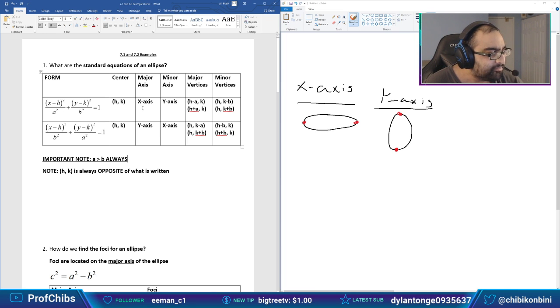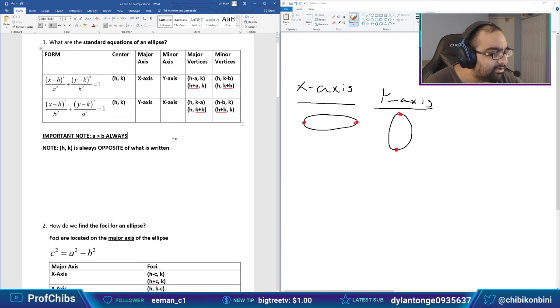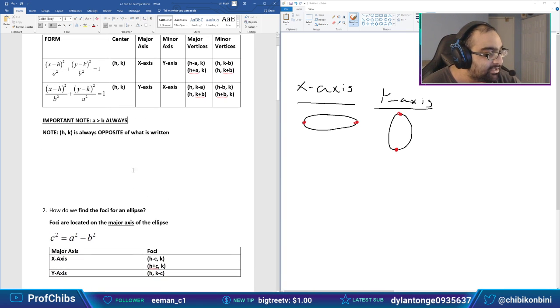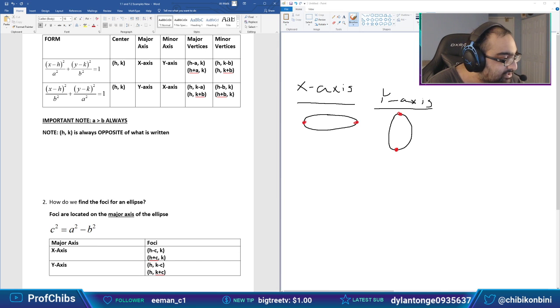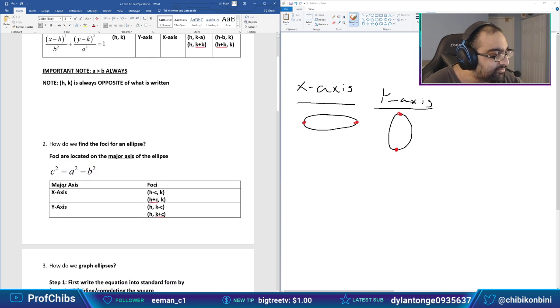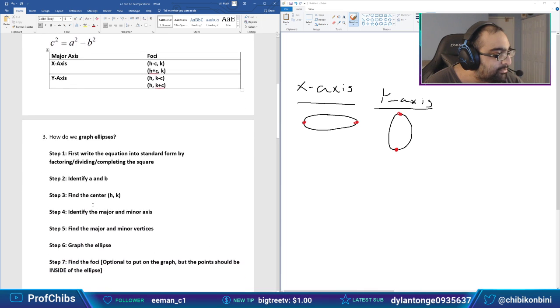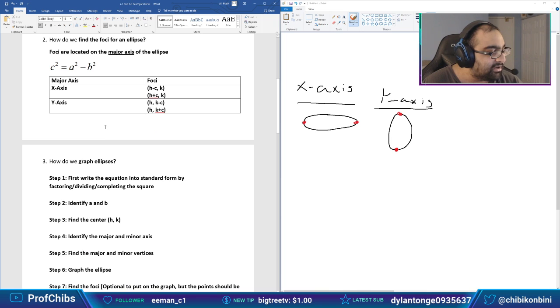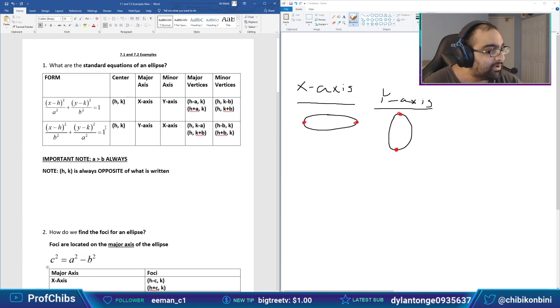Well, let's take a look at how we can graph these ellipses and also find another key piece of information, which we'll talk about in just a second. We're going to try and find the foci, but I want to talk about the foci at the end of our example when we graph an ellipse, okay?